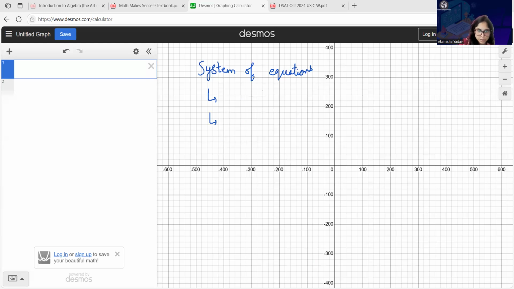Here it is both linear. One linear and one quadratic. And the third one will be some random form that you cannot make sense of.